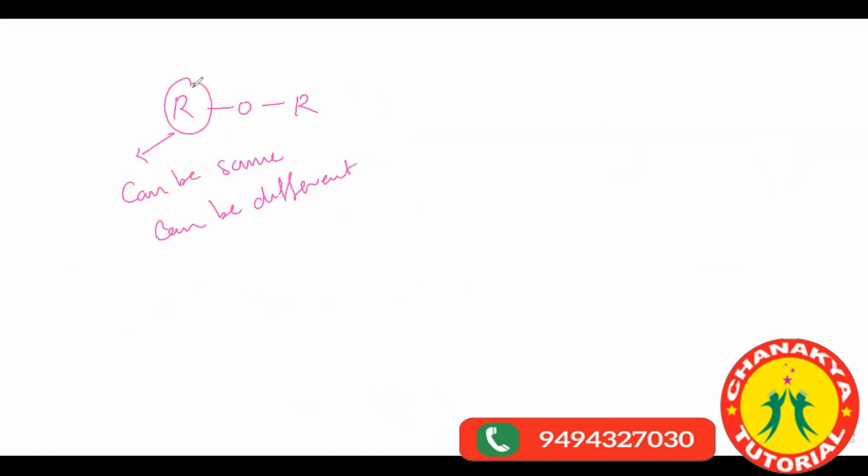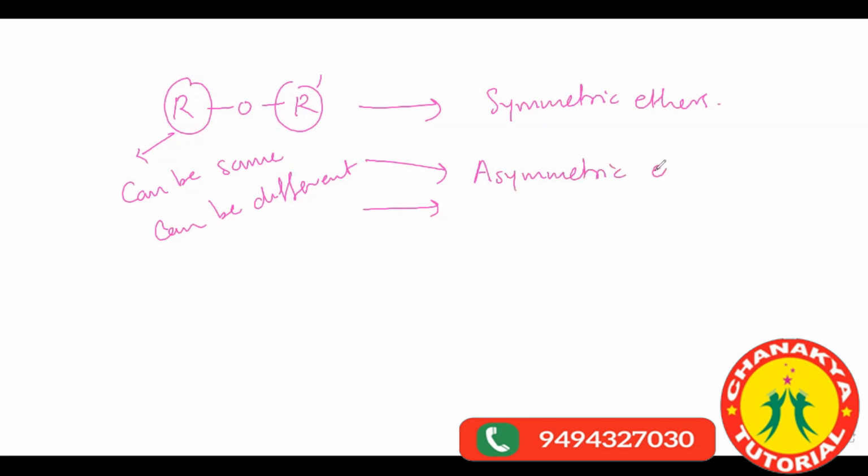When it will be same, that time ethers can be symmetric ethers. Right? And when these two R will be different, R or R dash, that time it will be what? Asymmetric ethers. Correct? So ethers can be of two types: the symmetrical ethers and the unsymmetrical ethers.